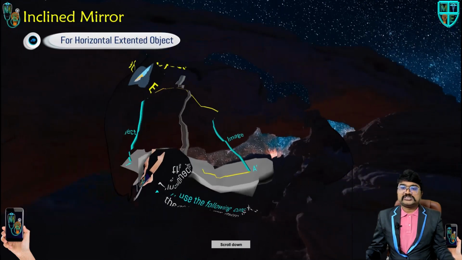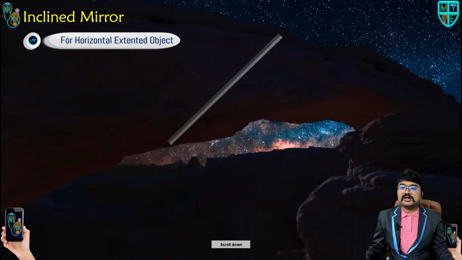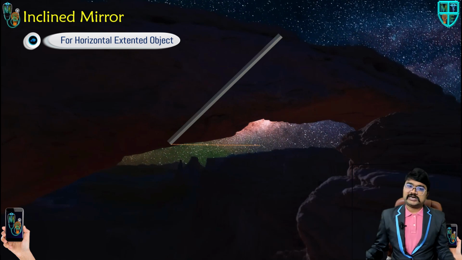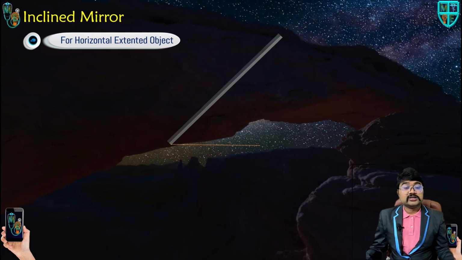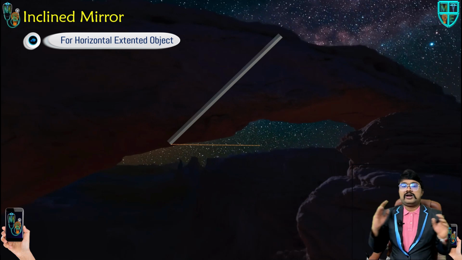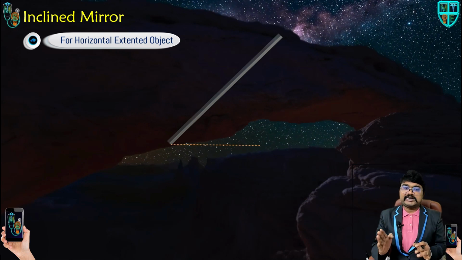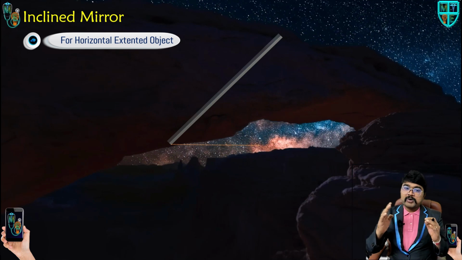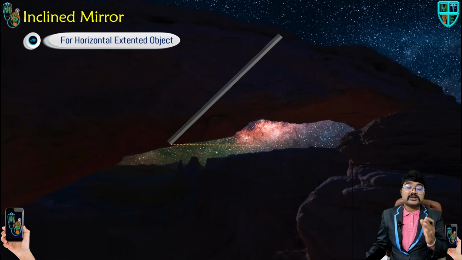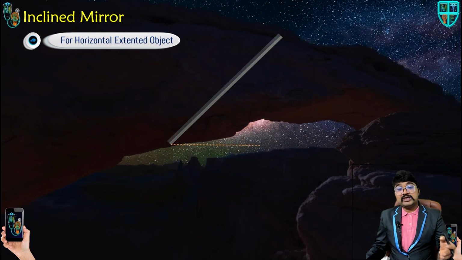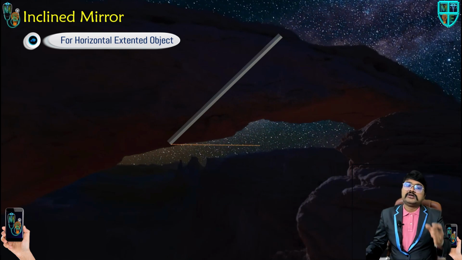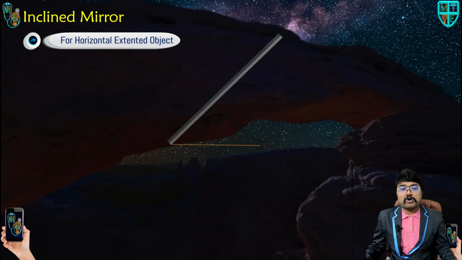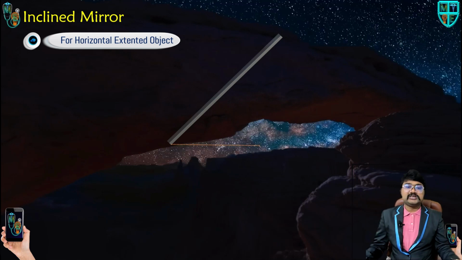Now see this: if the mirror is inclined, in what manner will the image be formed? Last time the object was vertical or horizontal or inclined. In all three cases, the mirror is vertical. If the mirror is inclined, what kind of images will be formed for extended object? That part we need to discuss.